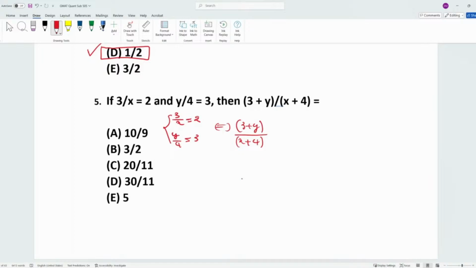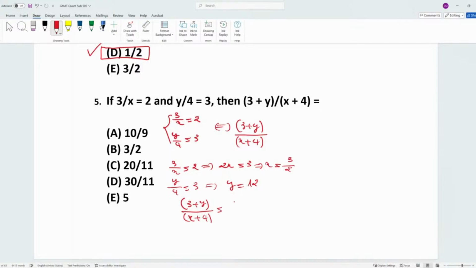So what we're going to do here, we will say 3 over x is equal to 2. So that means 2x is equal to 3, and x is equal to 3 over 2. Y over 4 is equal to 3, then we know that y is equal to 12. Then if we take this, and replace, so we have 3 plus y over x plus 4.